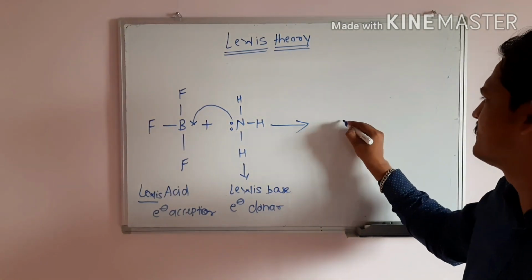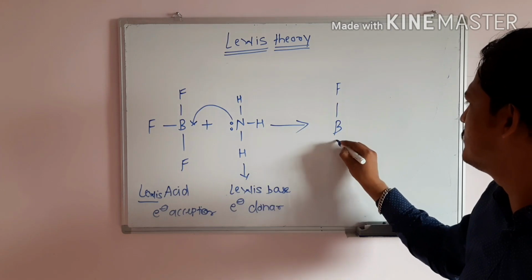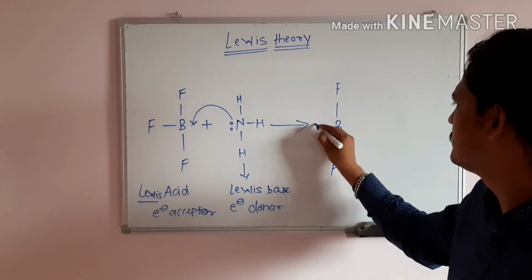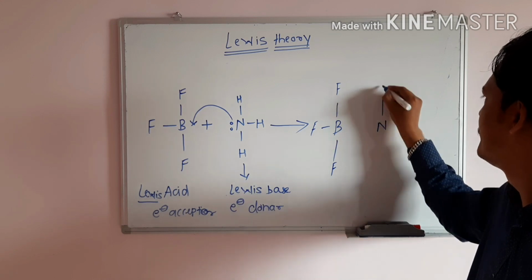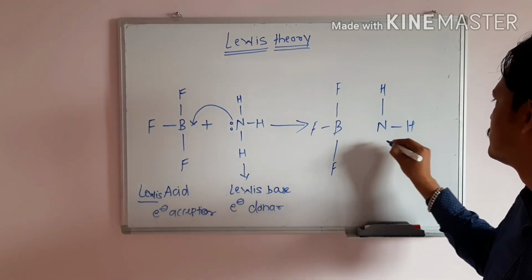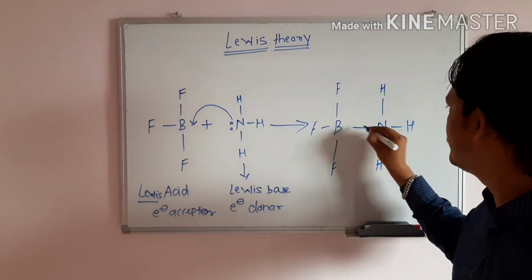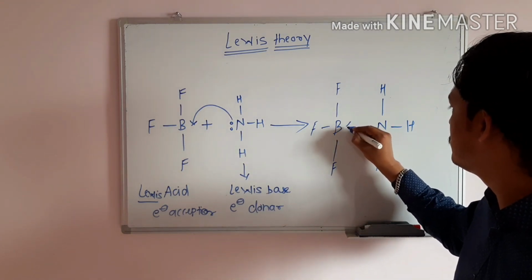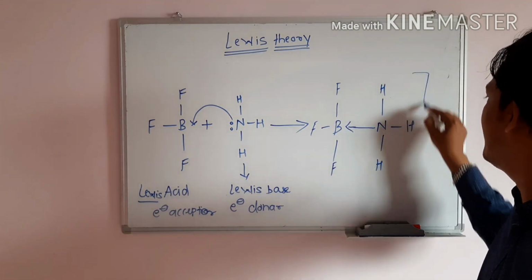So simply I am writing here BF3 and ammonia NH3, and these two electrons are donated by nitrogen to the BF3 molecule, indicated by an arrow.